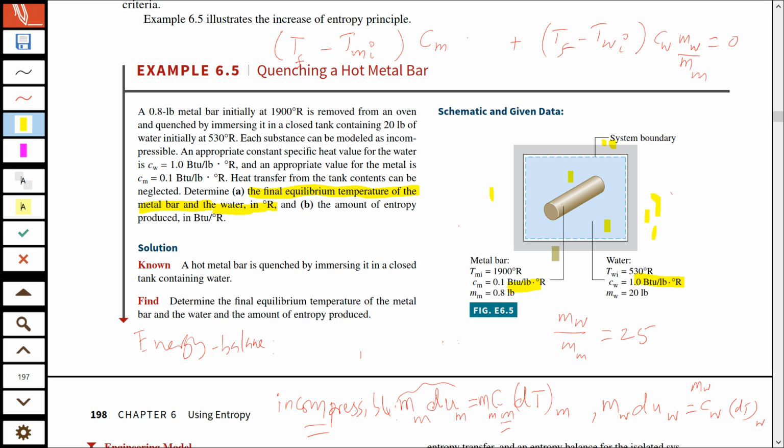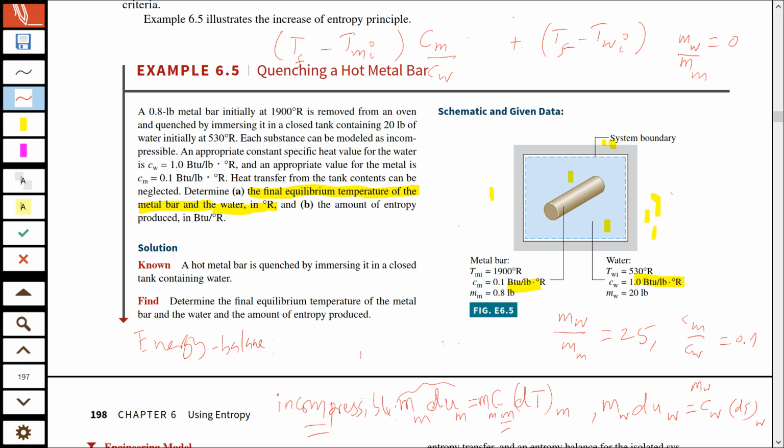So if I divide both by C_w, I get rid of C_w, and I also know that C_m over C_w equals 0.1 without any units.